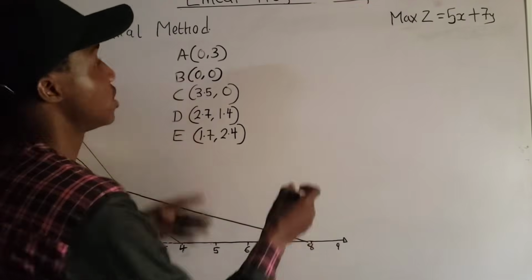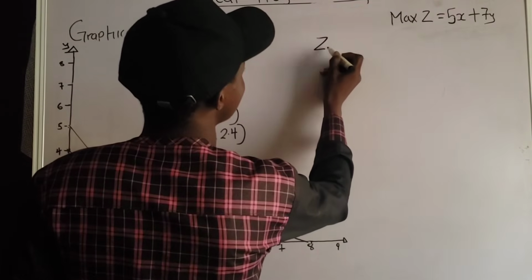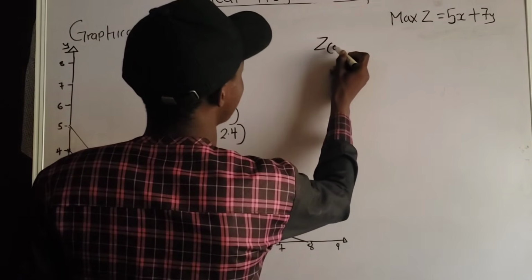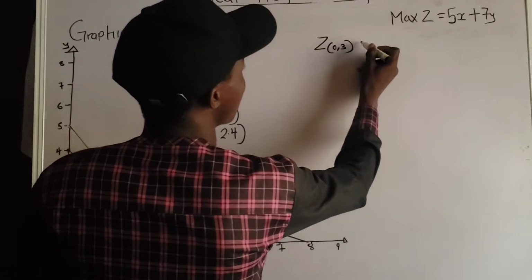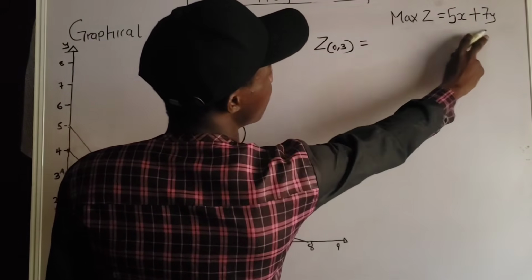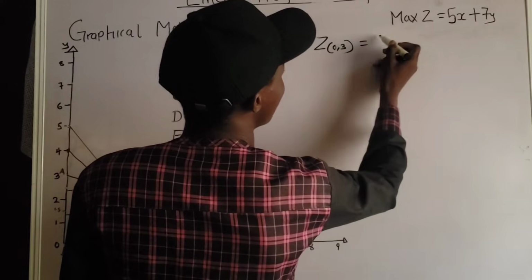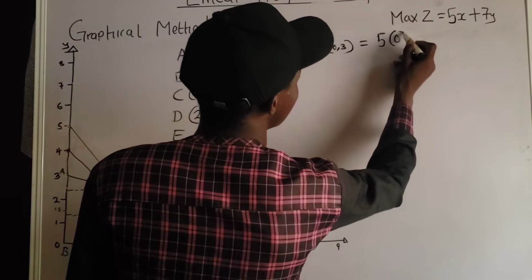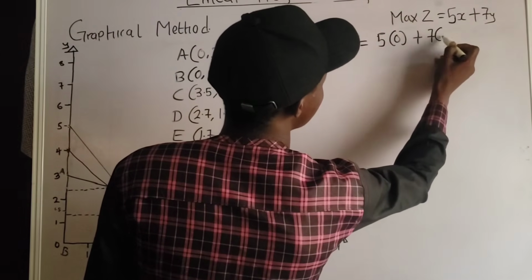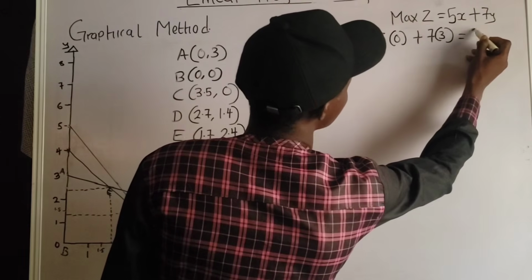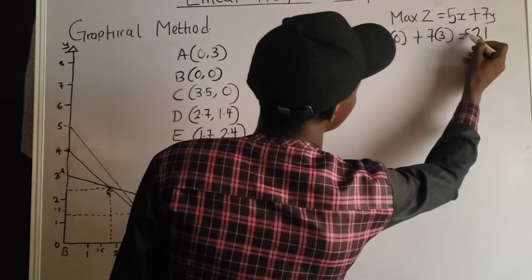Now let us substitute. So I have for z at 0,3, the objective function, which is 5x plus 7y. So I'm going to have 5 into bracket 0 plus 7 into bracket what? 3. That is what? $21.